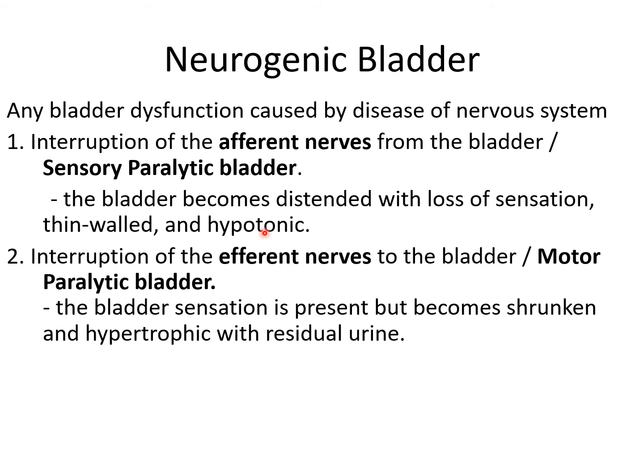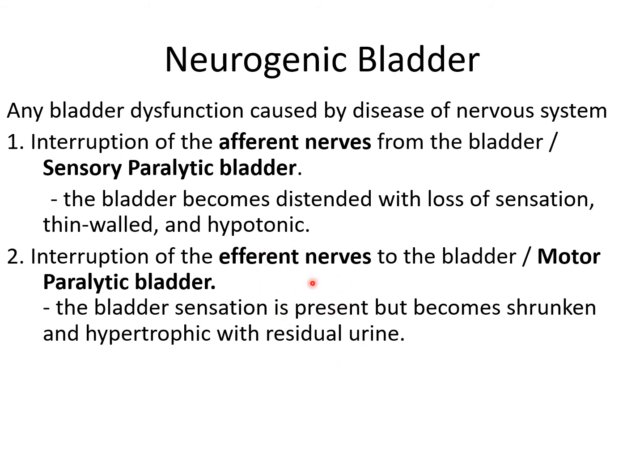Now, the second type of abnormality is interruption of the efferent nerve to the bladder. Like the afferent nerve, if the efferent nerve is also damaged or destroyed, the micturition reflex will be abolished. This type of defect is called motor paralytic bladder. Like the sensory paralytic bladder, in motor paralytic bladder there is loss of micturition reflex and urine will accumulate, but a few things differ from the sensory paralytic bladder.